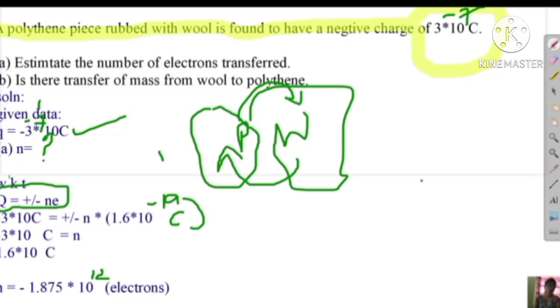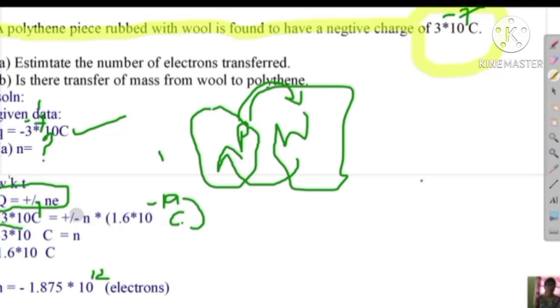Q they have given, which is minus 3 into 10 to the power of minus 7 coulomb. And n is written as it is, as they have not given the value of n and we need to calculate it. And the e value, we know the standard value, which is 1.6 into 10 to the power of minus 19 coulomb.